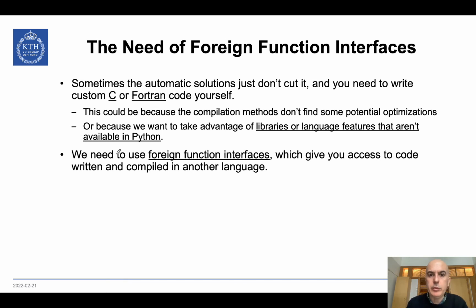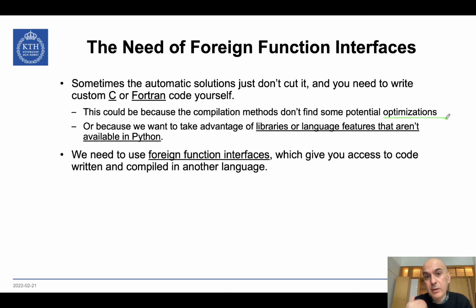So why do we need to use functions that are not written in Python directly, so-called foreign functions? Well, sometimes the automatic solutions are not what we wanted, and we want to write C or Fortran code ourselves. There are basically two reasons why we might want to do that. The first one, we might want to do extra optimization that is possible only in certain languages like C or Fortran.